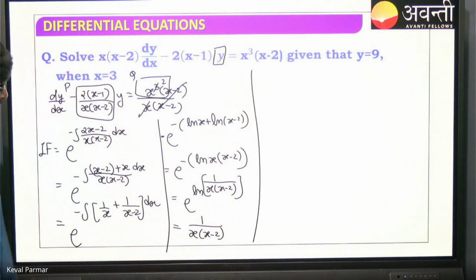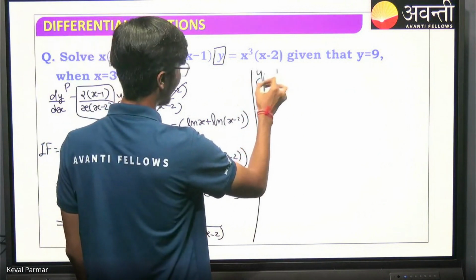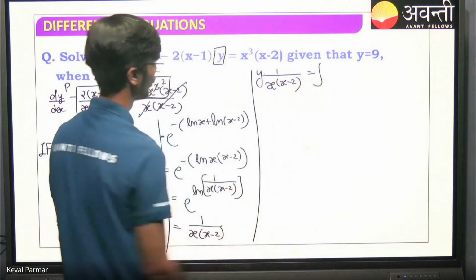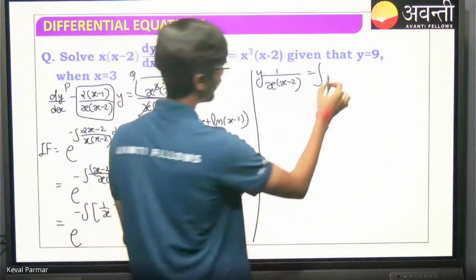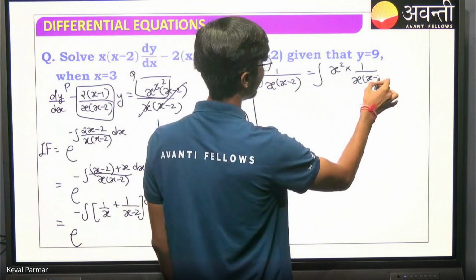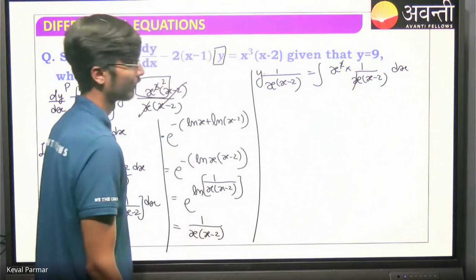Correct? I hope we have not made a mistake somewhere. Let's see. So my answer will be y into integrating factor is equal to integration of Q, which was x square, into integrating factor, upon x minus 2 dx. So here one x will get cancelled.